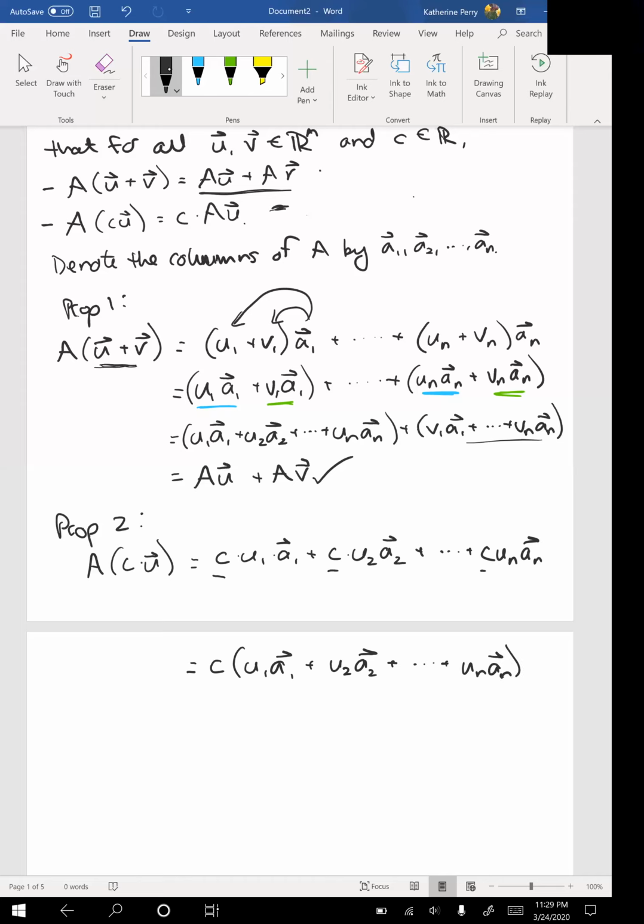But notice this here is exactly what I would get if I took my matrix A times my vector U. And just rearranging, because multiplication is commutative, this is actually equal to C times A times U, which is what we wanted. And so what this proves is that if my transformation can be written in the form A times any input vector X, then it's linear. So this proves that 2 implies 1.